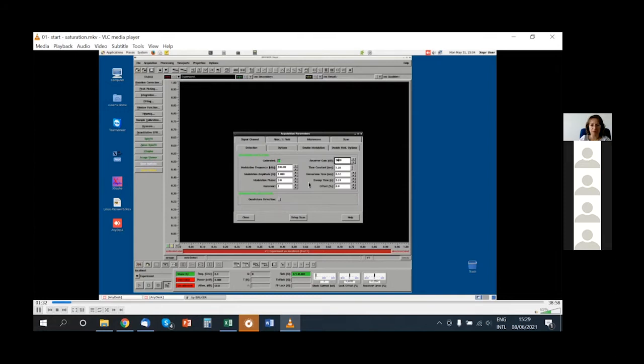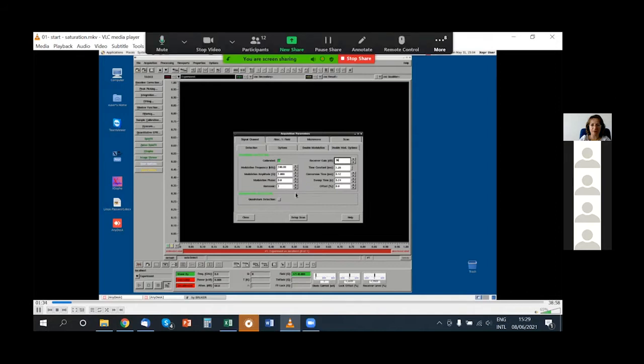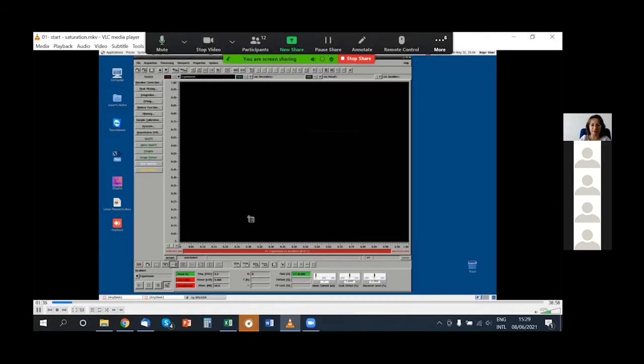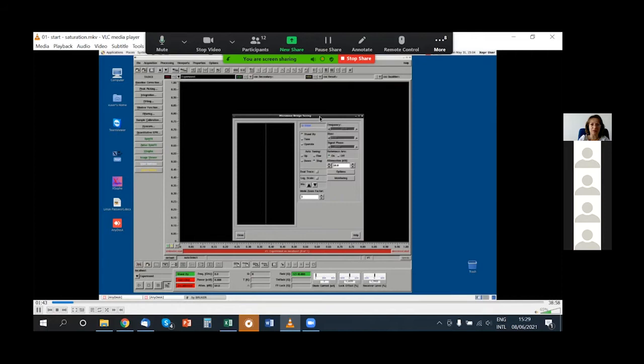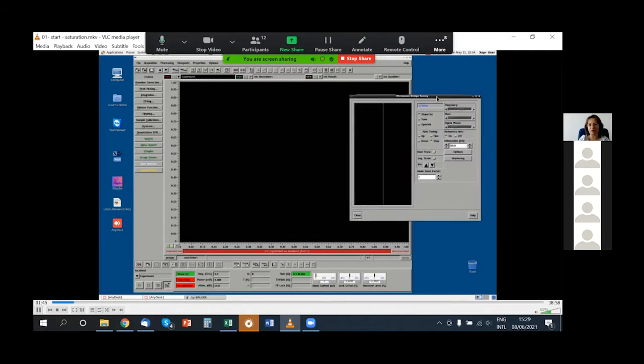You see the predefined parameters produce too much sensitivity. We reduce the gain, and we start now the microwave bridge tuning.